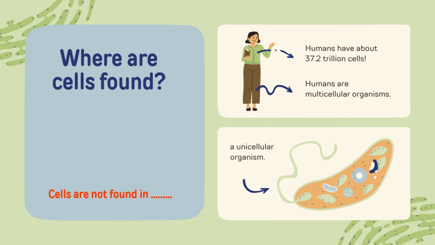Bacteria is a living thing because it grows and carries out vital activities. There are no cells in non-living things, like air, water, rocks, or any object around us, like a chair or table. So cells are found only in living things.